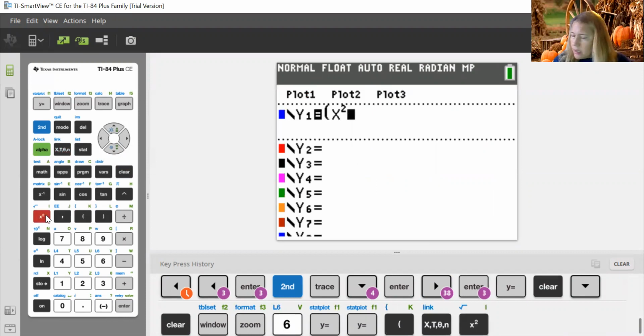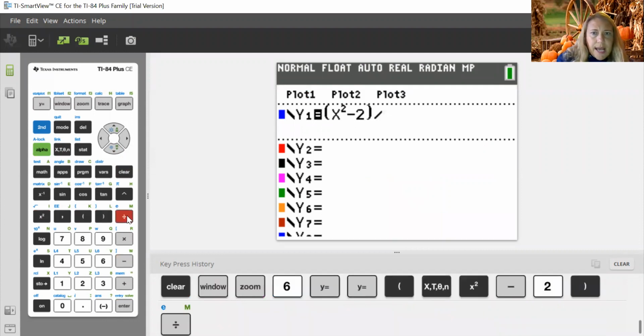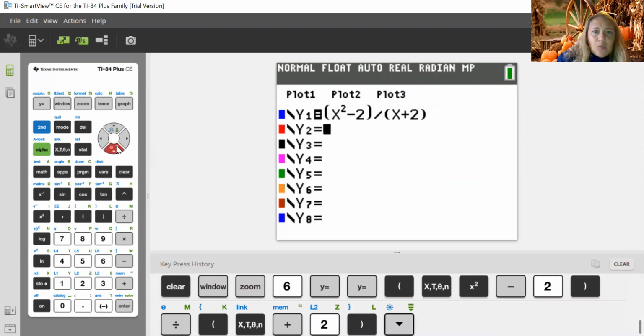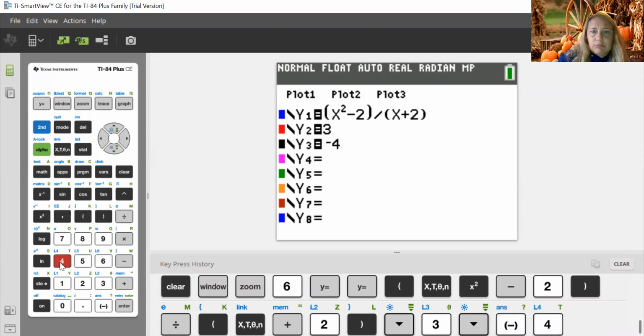So x squared minus 2 divided by parentheses x plus 2. Right? And then in y2, I am going to put 3 because I want to know when this function equals 3. And I also want to know when this function equals -4.